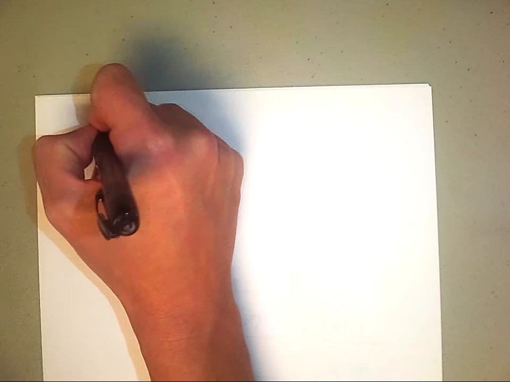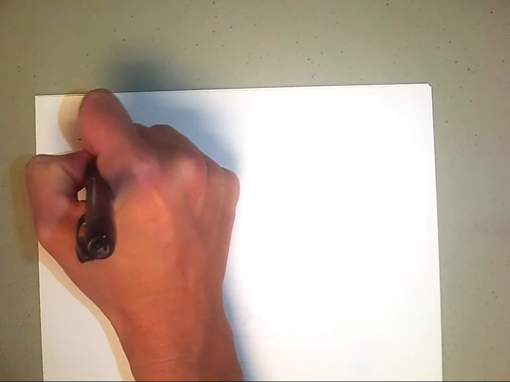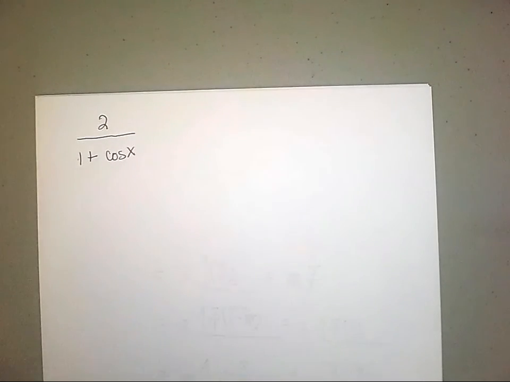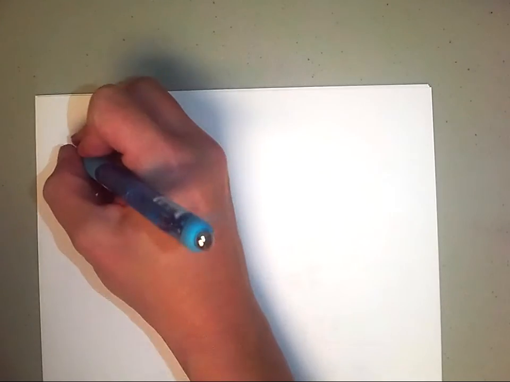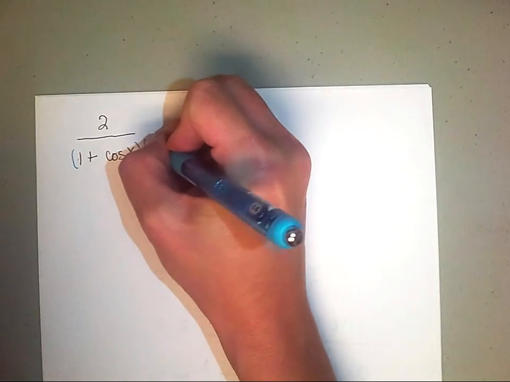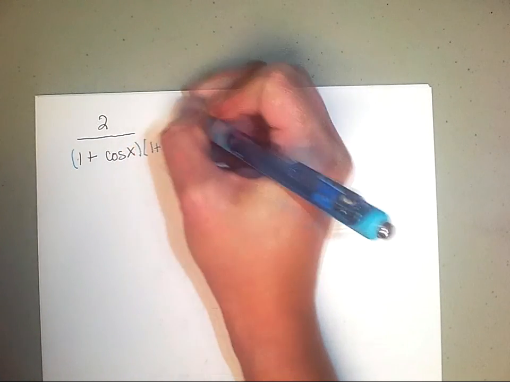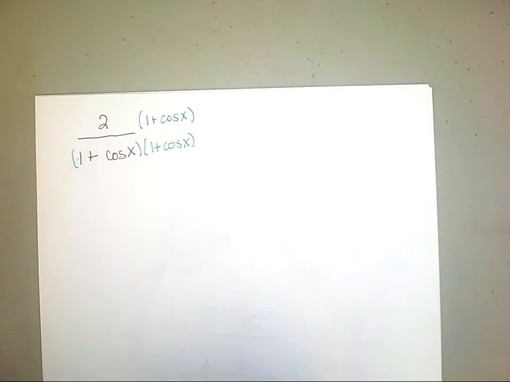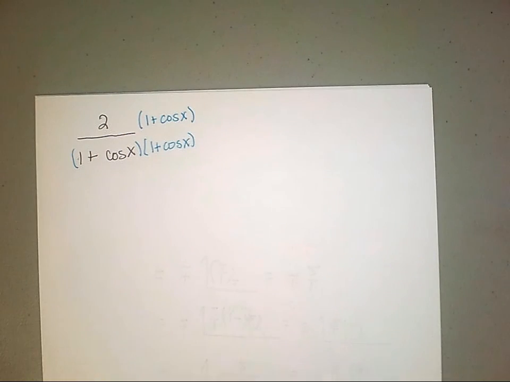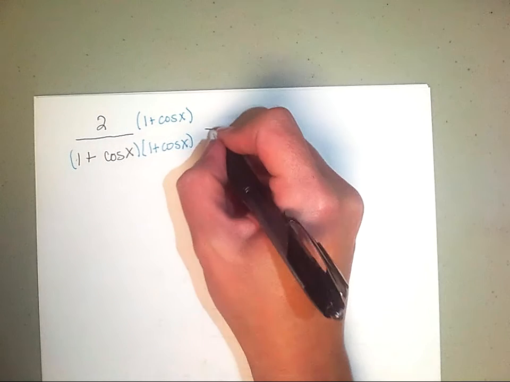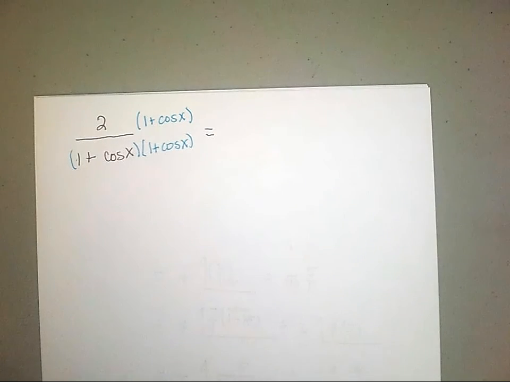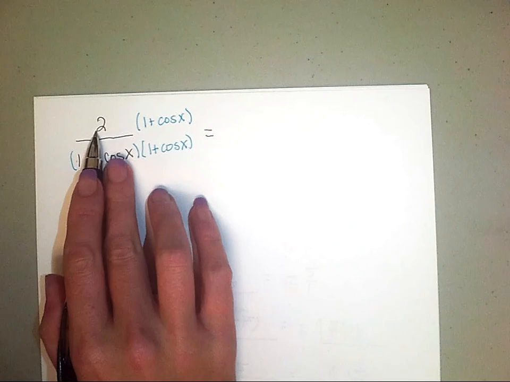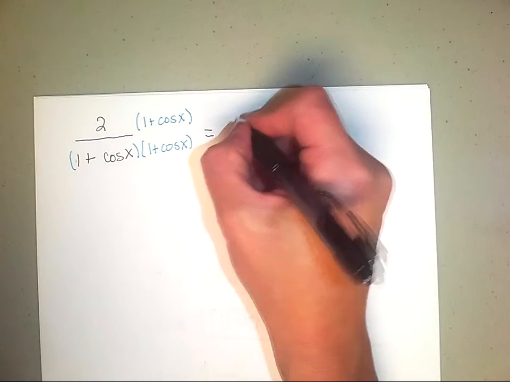So picking up at 2 over 1 plus the cosine of x, let's try multiplying now not by the conjugate but by the denominator. So multiply by 1 plus the cosine of x. Let's see what happens then. And so sometimes this will happen when you're doing identities. You just need to work it out and see how far you can go with it, and you may want to change methods.